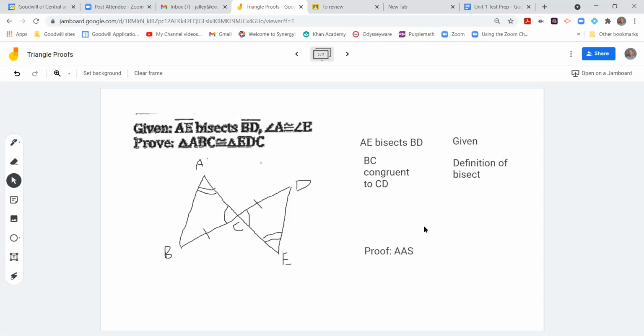And then the angles, ACB and ECD. There's where you throw in your vertical angle rationale.